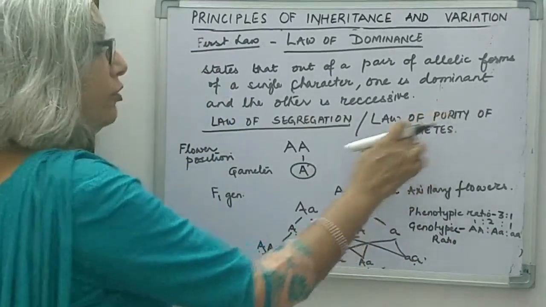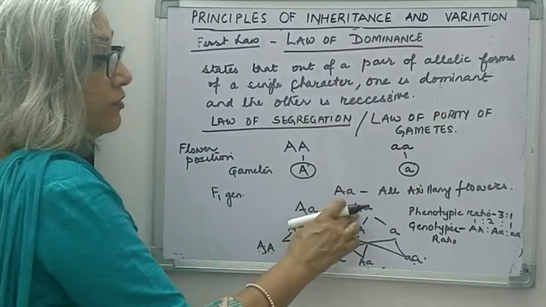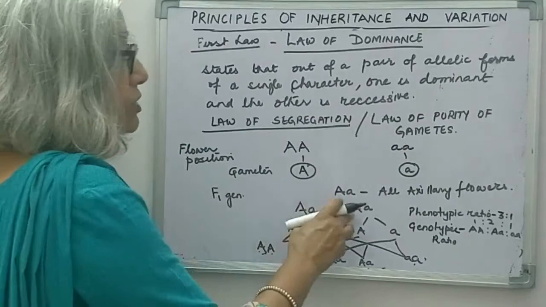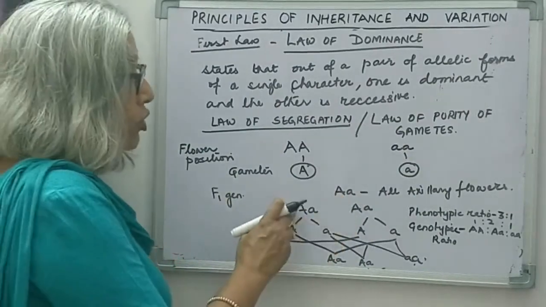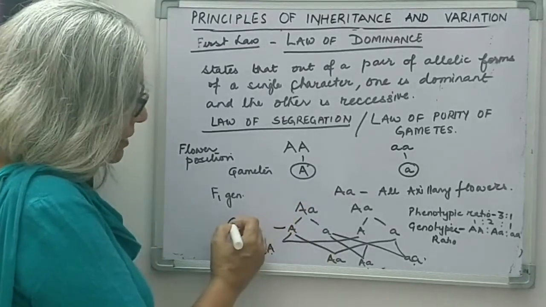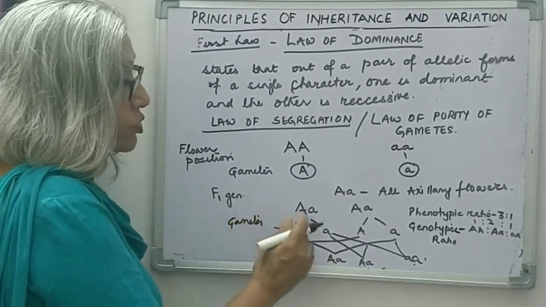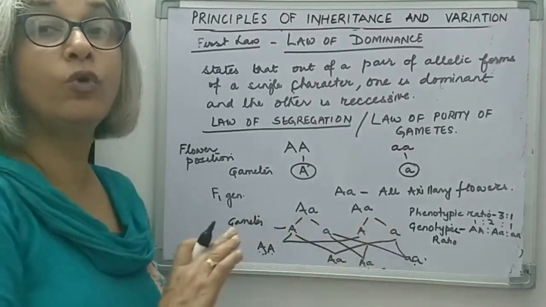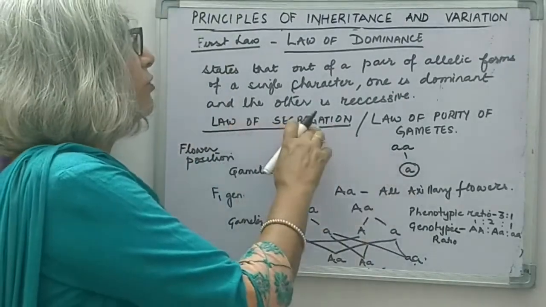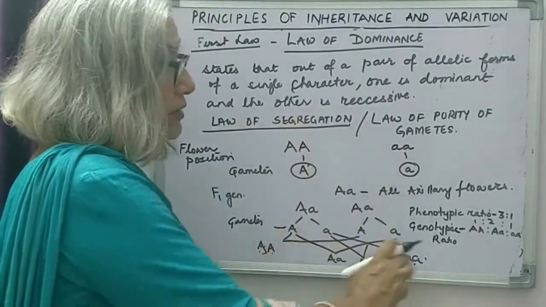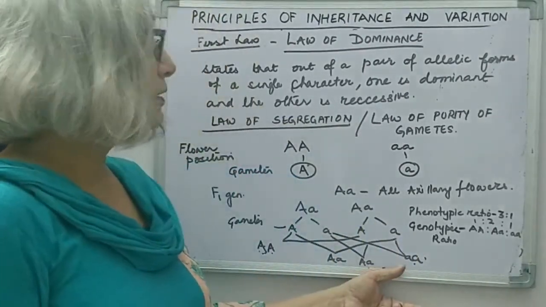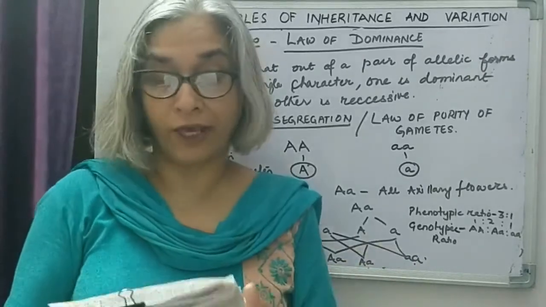Now, law of purity of gametes: even when two plants of the F1 generation were heterozygous, which were not pure, had one dominant and one recessive character, the gametes produced by them were pure. There was no mixing of characters. The gametes produced by them were pure. There was segregation of gametes and the generation that was formed did not show any mixing of characters.